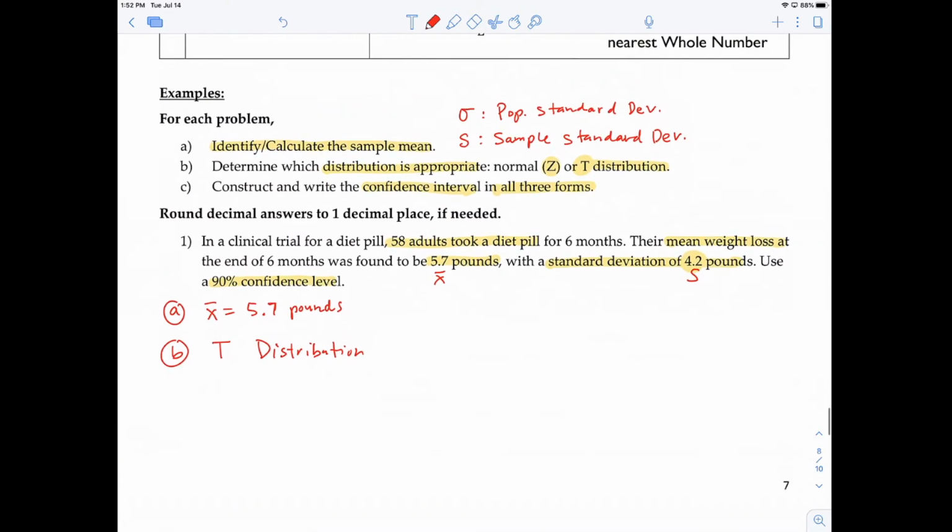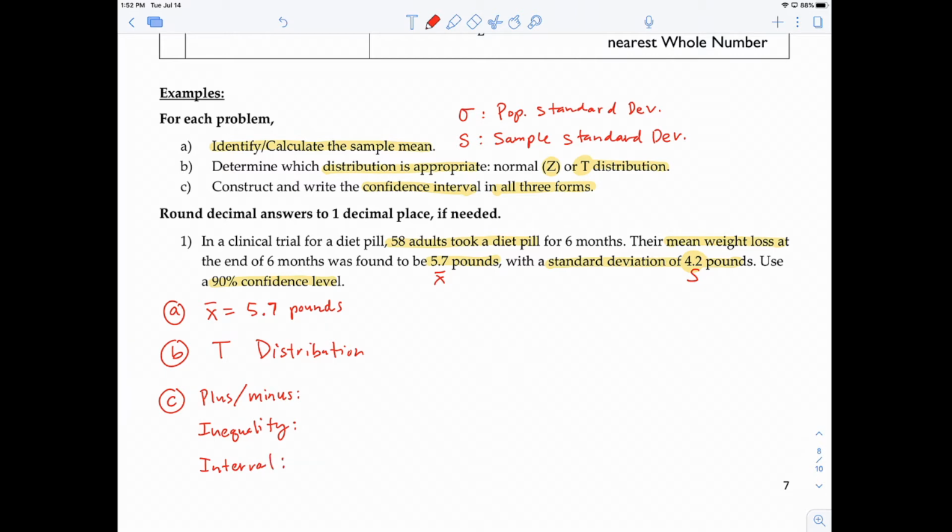All right, so now that goes to question C. Question C says construct and write the confidence interval in all three forms. So we're going to need to write it in the plus minus form, and then as an inequality, and then in interval form.